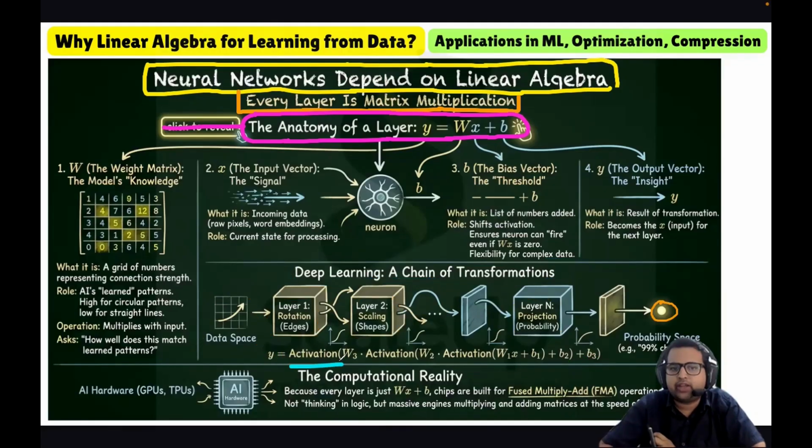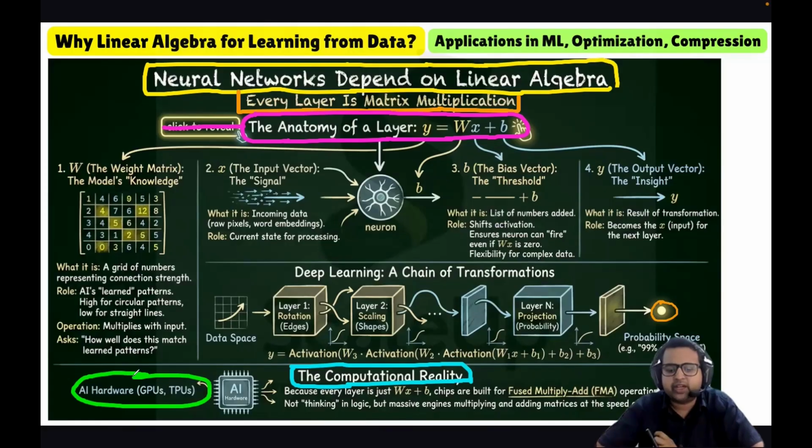Now let us look at the computational reality. In deep learning, because every layer is just a matrix operation, Wx plus b, the entire field of AI hardware, like NVIDIA GPUs and Google TPUs, is built specifically to do fused multiply-add operations.